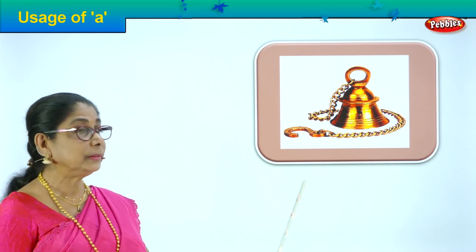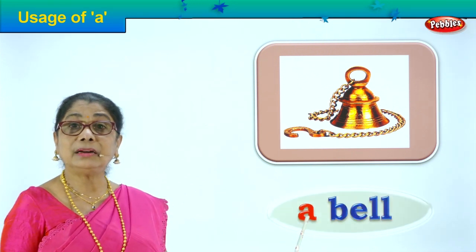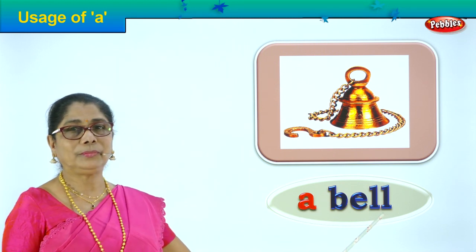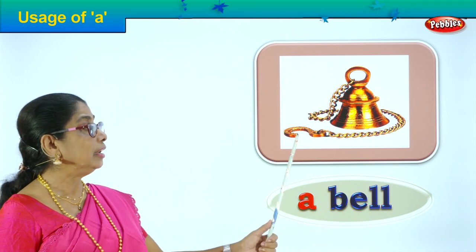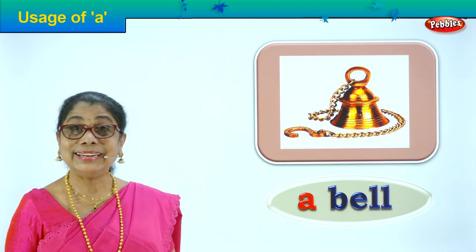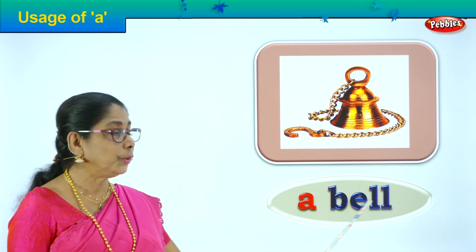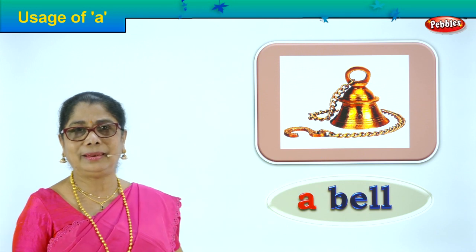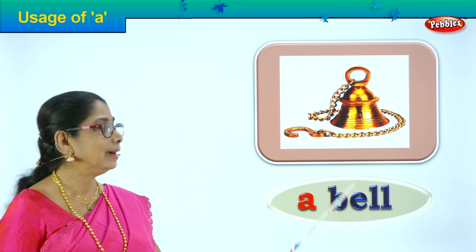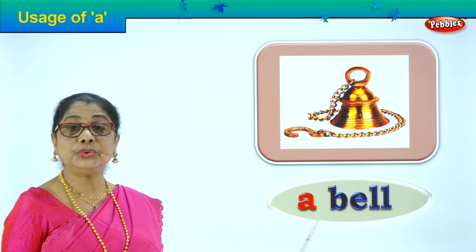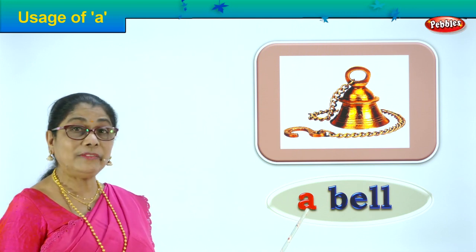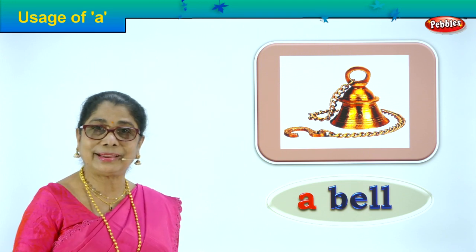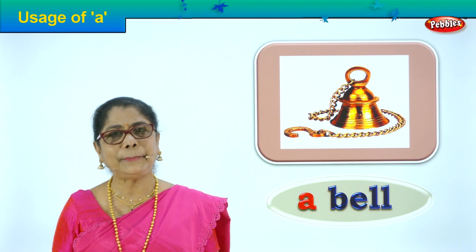And then what do we use before the bell? A bell. A bell, a chain, a hook. A is used before the bell. That is why we use a in red color for you to look at it. Striking. Yes? Good. Shall we look at another picture?